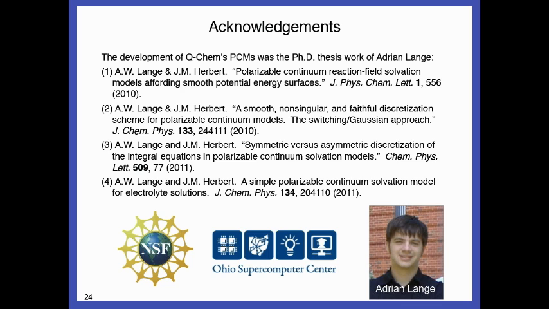Then the 3 people and organizations that I should thank are, first of all, Adrian Lang, my former PhD student, who did almost all of this work, and he was supported by my NSF grant. And then we get a lot of computing time from the Ohio Supercomputer Center, so I should thank them as well. Now, Mark has returned and is going to read me some questions, I gather.